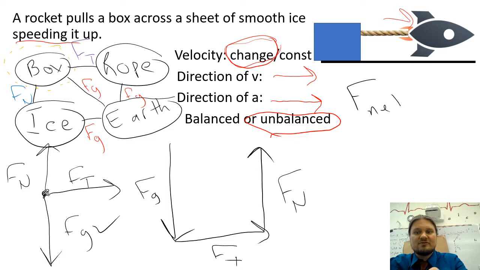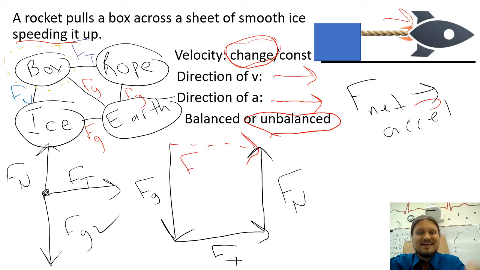So F net has to point in the same direction as the acceleration, which is to the right, and F net should also close up your diagram. That's simply making a box here. Also draw F net as a dashed line to show that it's the result of all the forces, or the sum of all the forces.